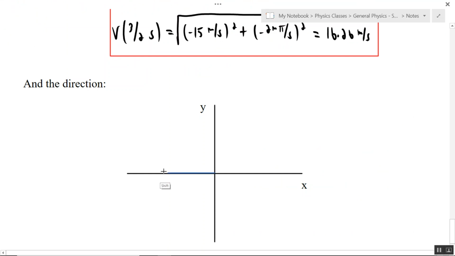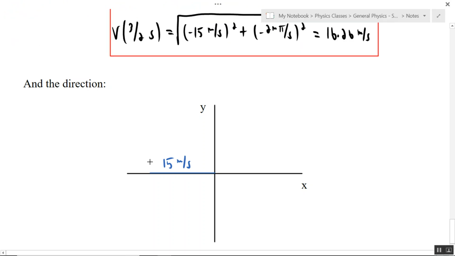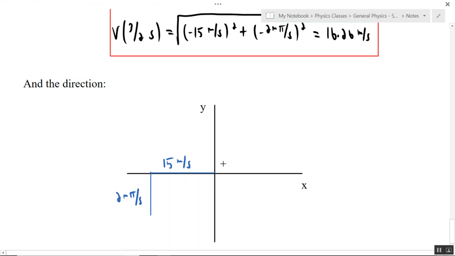The fact that I'm going to the left means that it's negative, right? It's a little bit weird because usually you're used to drawing lines and measuring them with distances, but it's not really a distance, it's a meter per second thing, but you can just leave it like that. Then you have to go down because the y part is negative. You go down 2 pi meters per second, and this is the velocity vector.